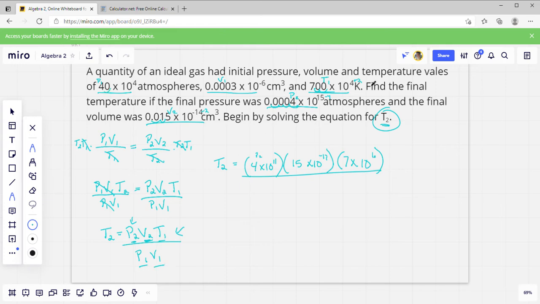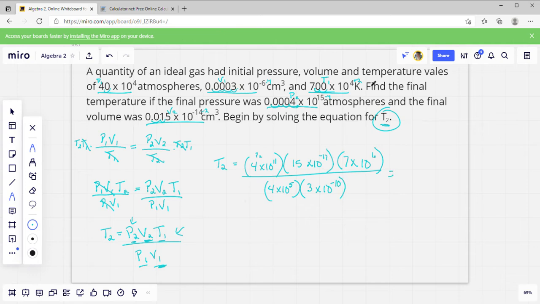I'm going to fix that one, so I'm going to have 4 times 10 to the 5th. And then my V1 is going to be 3 times 10. I move this one 1, 2, 3, 4, so that would be minus 4, so that would be negative 10.